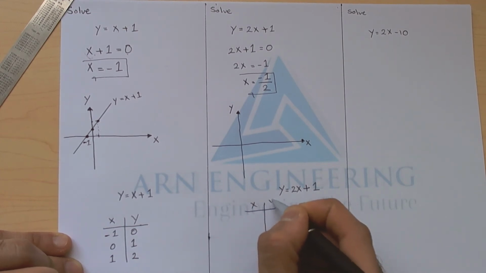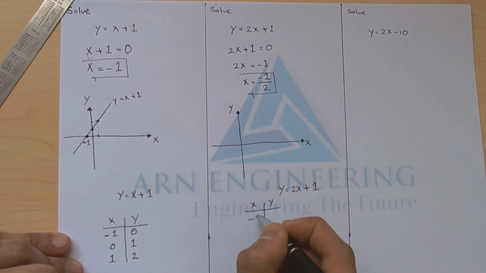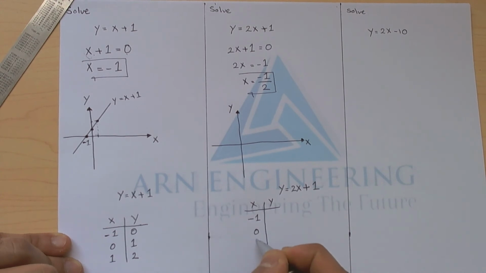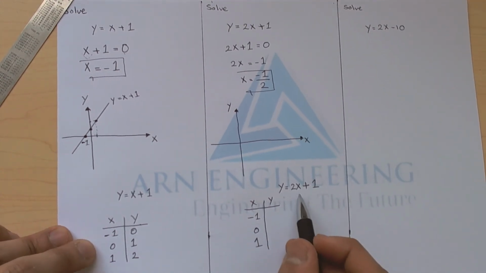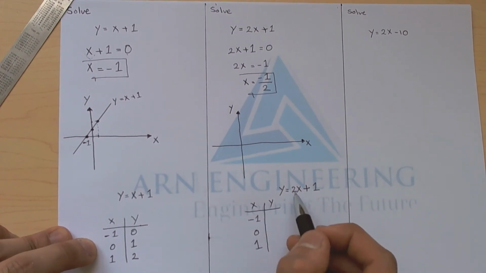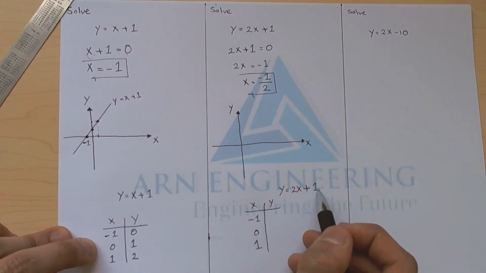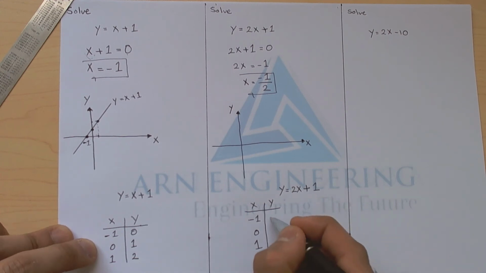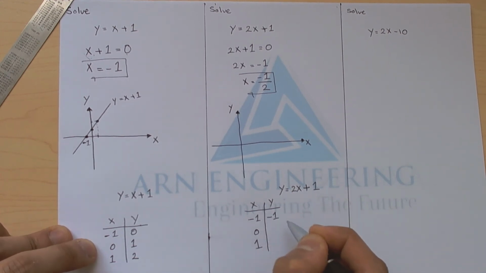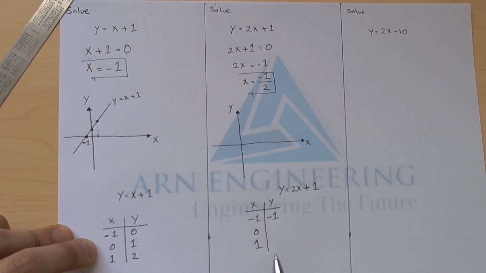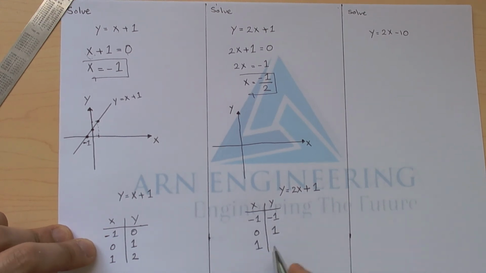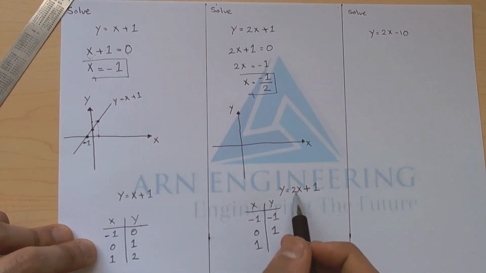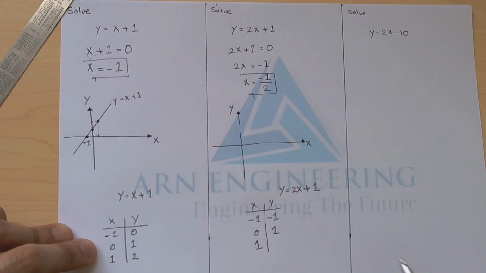X, y, -1, 0, and 1. So if x is -1, this will be -2 plus 1 is -1. If x is 0, y will become 1. If x is 1, 2 times 1 is 2, plus 1 is 3.